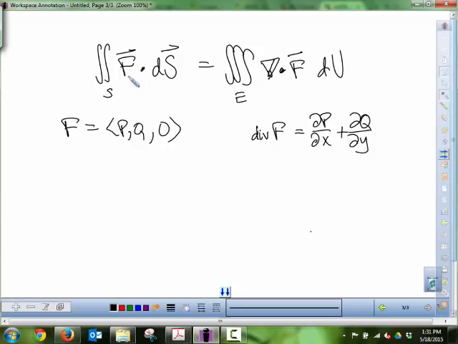And what happens to this flux integral? Can't remember.